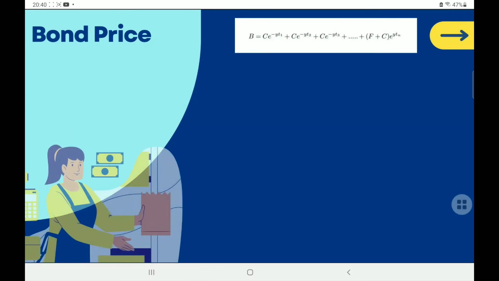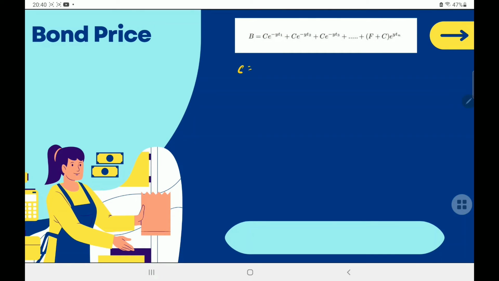To calculate manually the bond price, C equals 8, Y equals 10.8%, F equals 100.